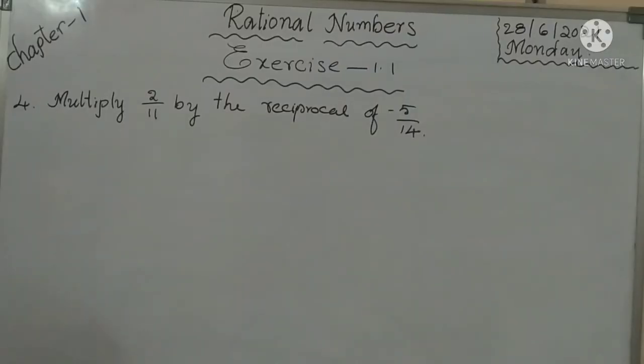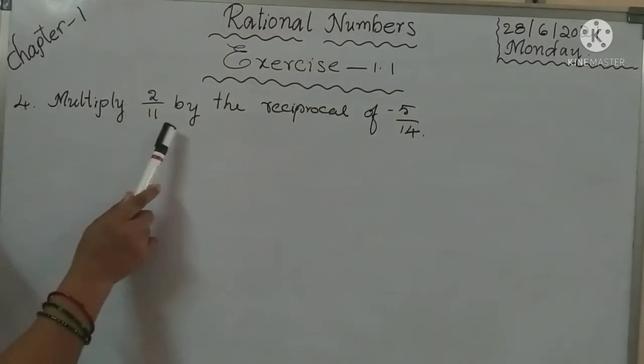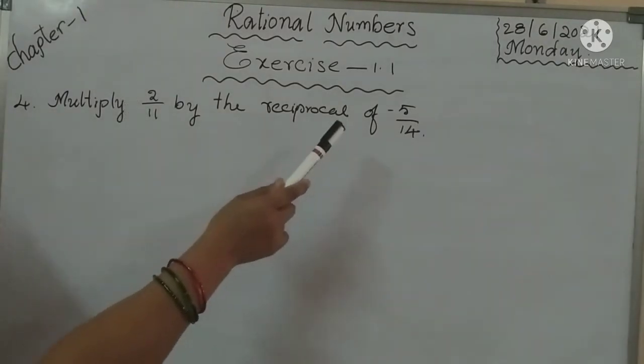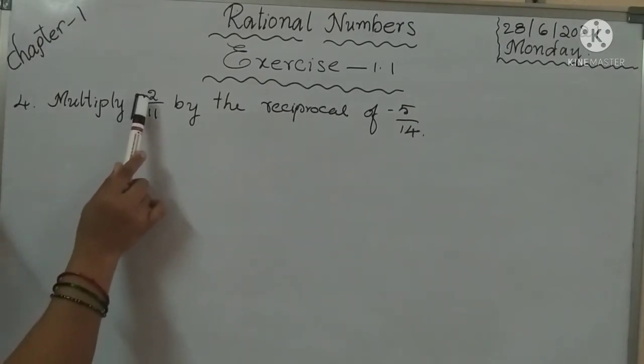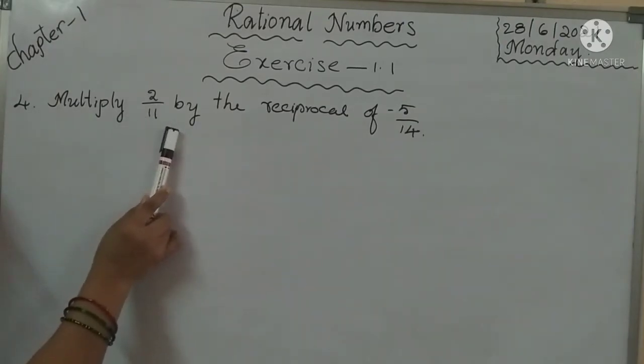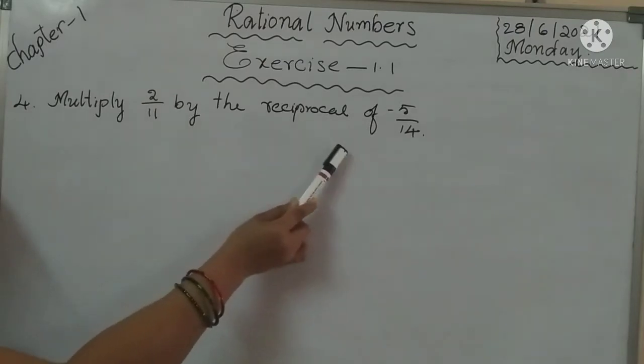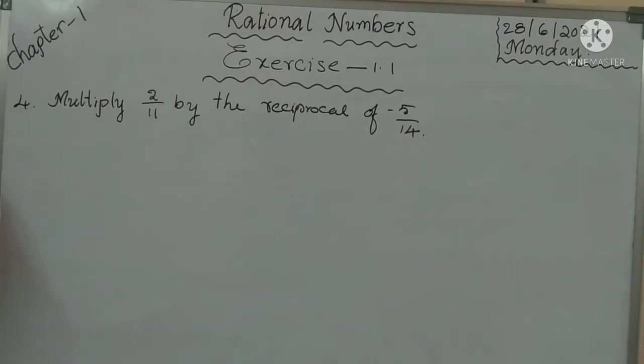So next fourth question. Multiply 2 by 11 by the reciprocal of minus 5 by 14. Once again repeating, multiply 2 by 11 by the reciprocal of minus 5 by 14. So here two concepts are there.